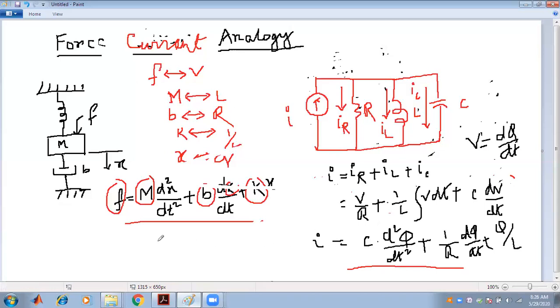the force current analogy will give that force is equivalent to current and vice versa. Followed by M is equivalent to the capacitor.